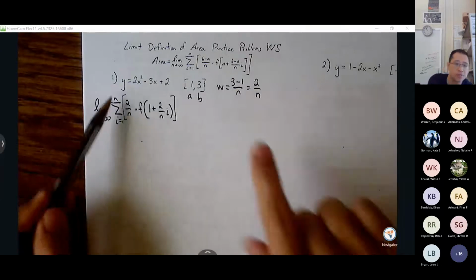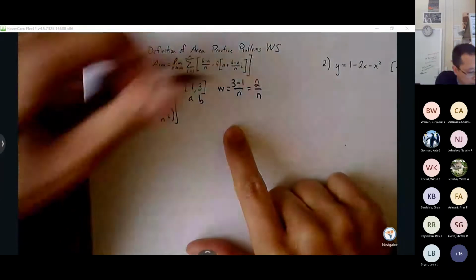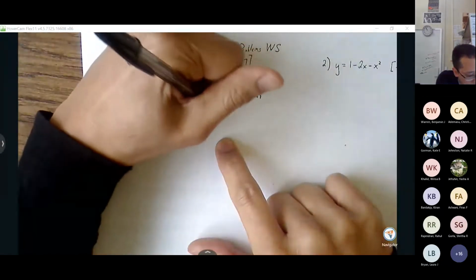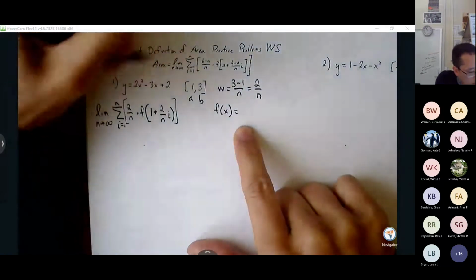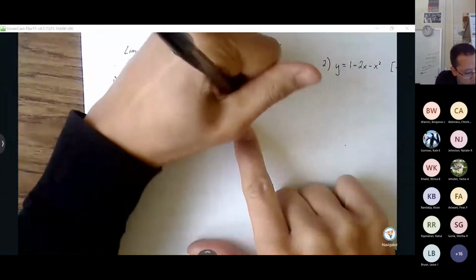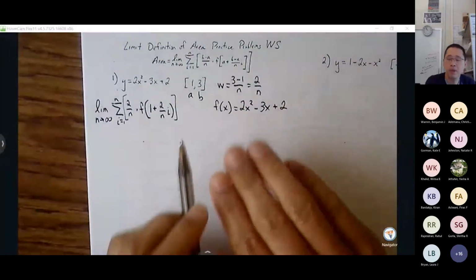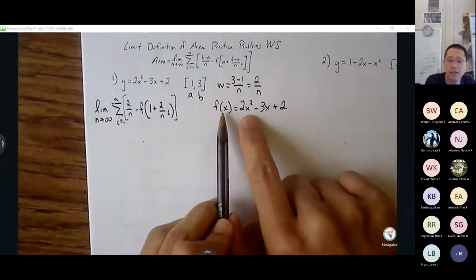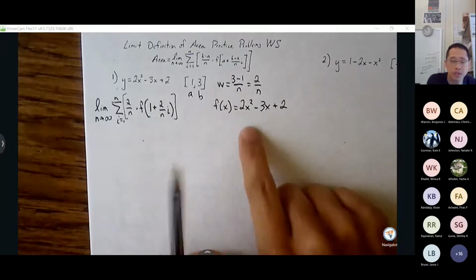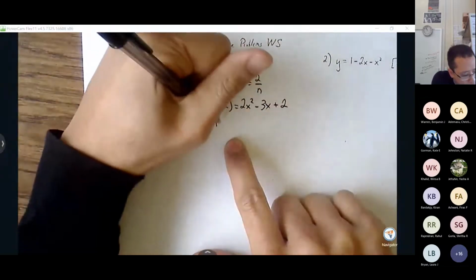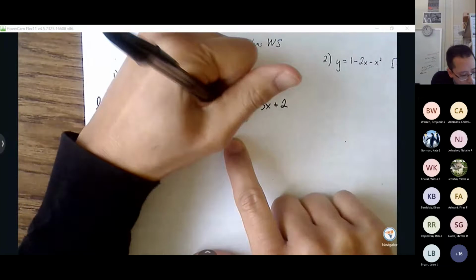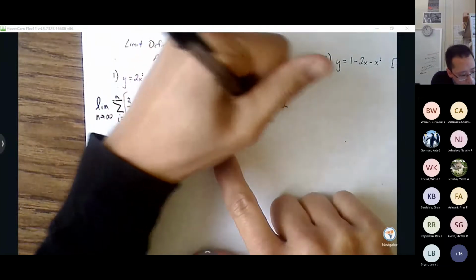Okay, so let's rewrite this function here, or I'm going to write this function down here. f of x is 2x squared minus 3x plus 2. Okay, I'm going to spend the time to reserve the space where the argument is going to go. So wherever I see an x, I'm going to leave an empty space with a set of parentheses.